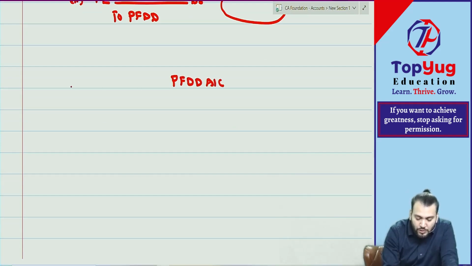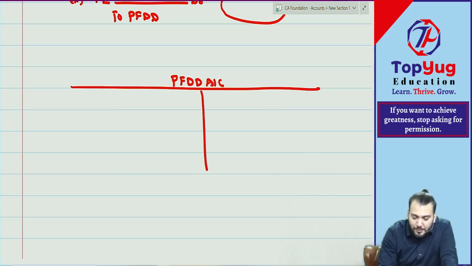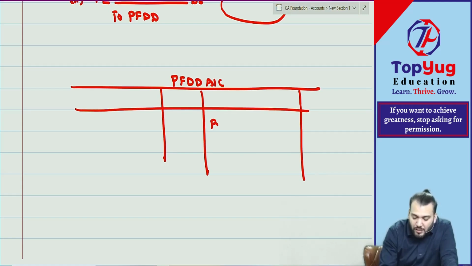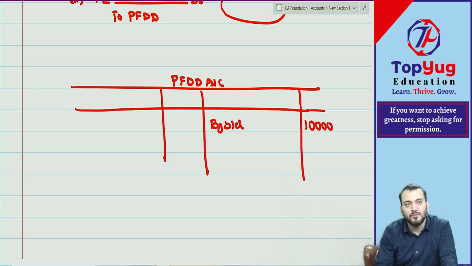You can see an opening balance has been given. What is the opening balance of provision for doubtful debt account? Balance brought down, 10,000. This means last year this much provision was created. Now current year bad debt is 8,000.